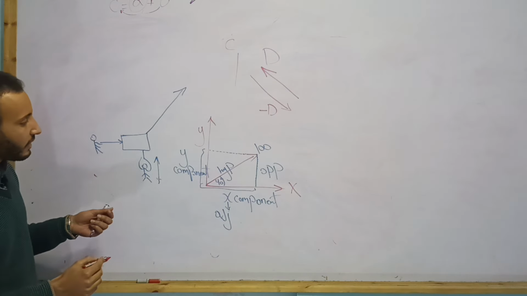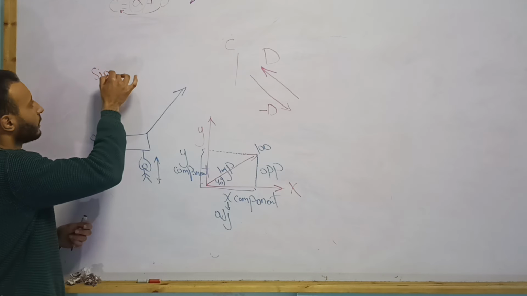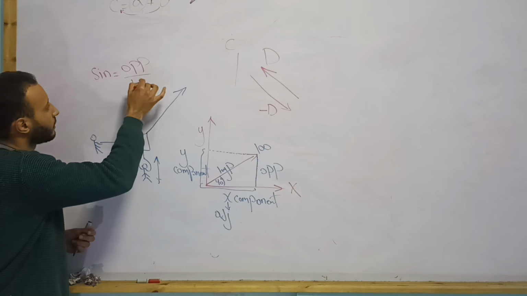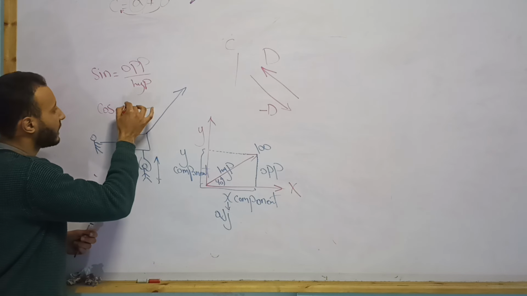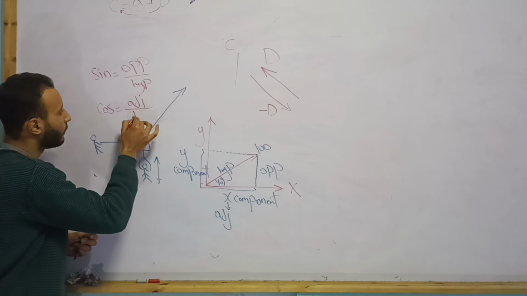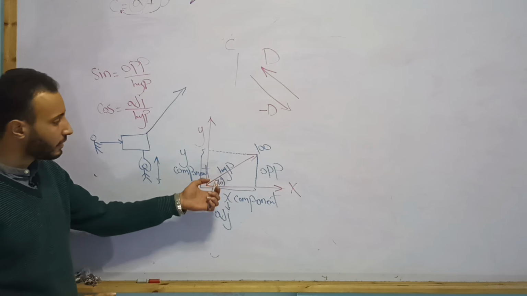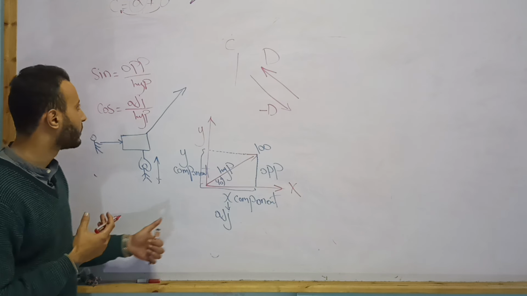From the sine and the cosine that I erased before, sine was equal to opposite over hypotenuse, and cosine was equal to adjacent over hypotenuse. I have the hypotenuse only and I need to get the adjacent.